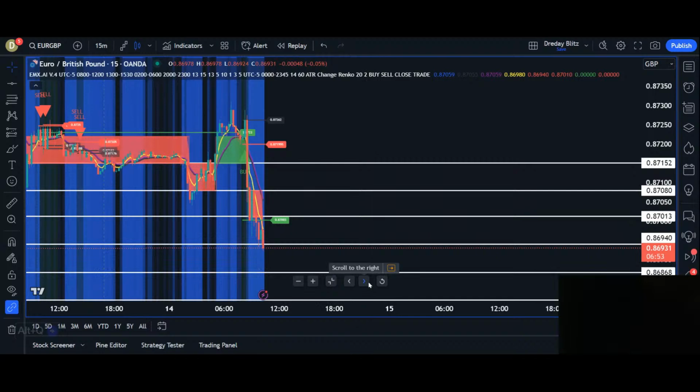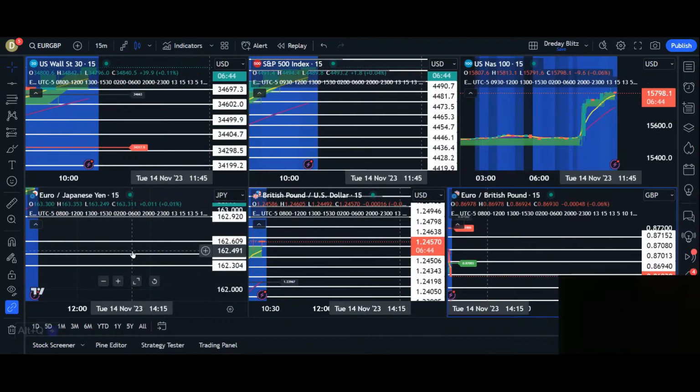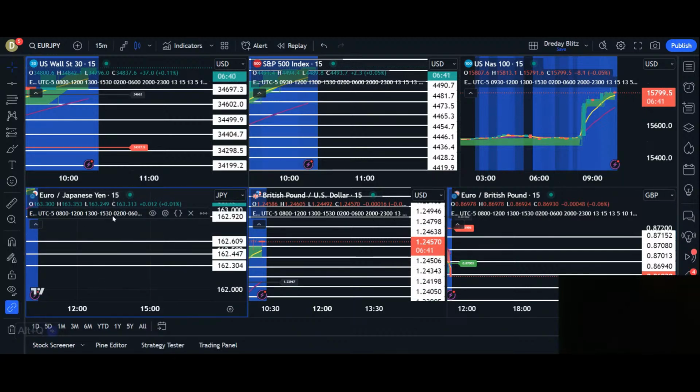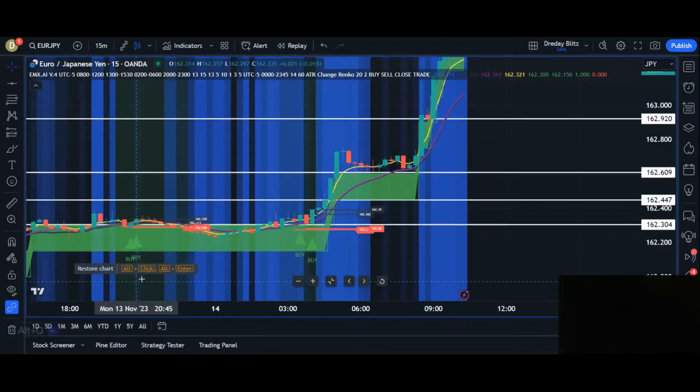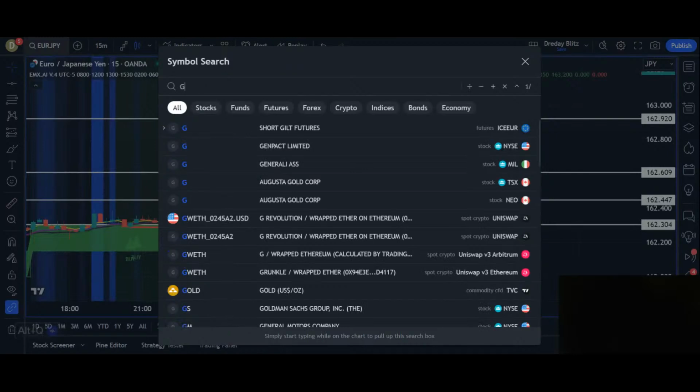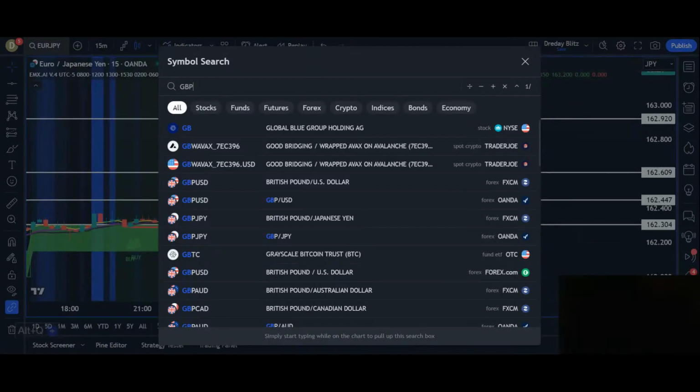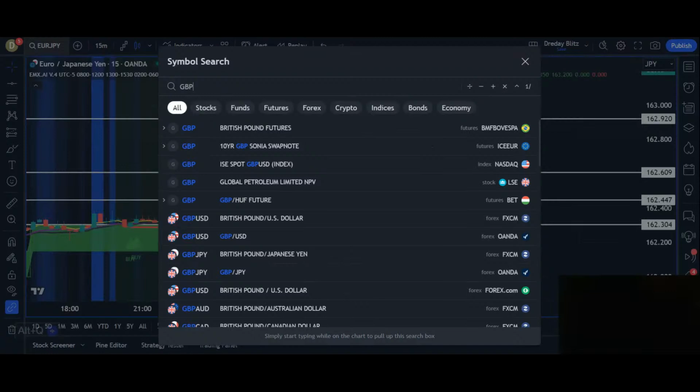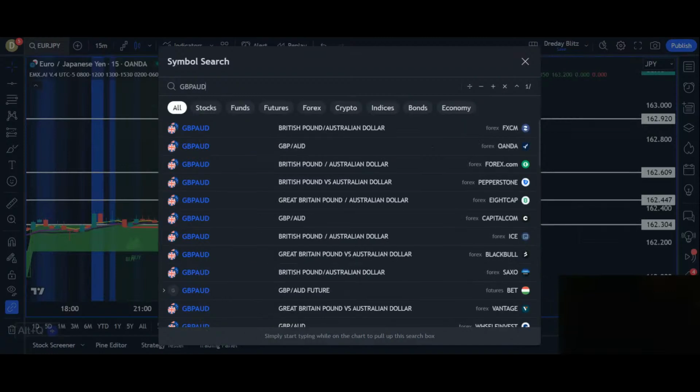So let's look at the GBP AUD for Leon. So I'll look at it based off of this. So always use the Oanda feed.